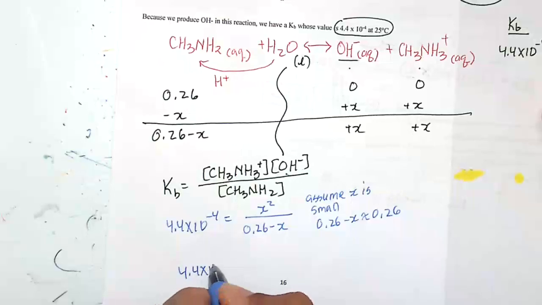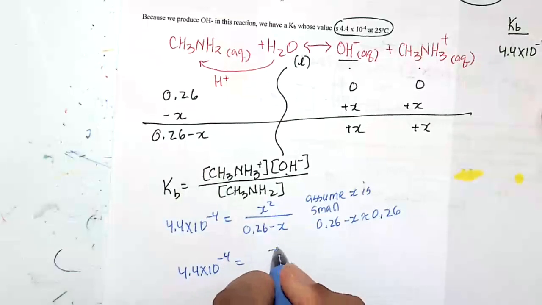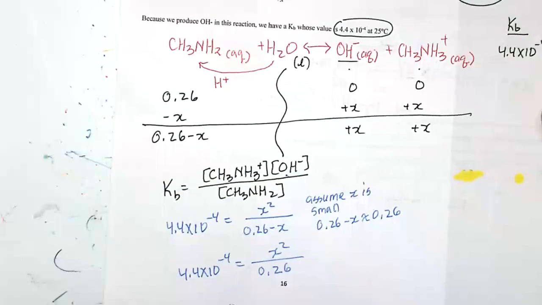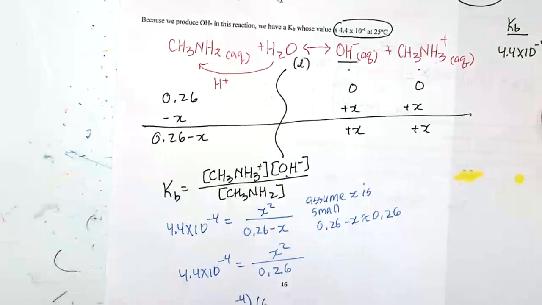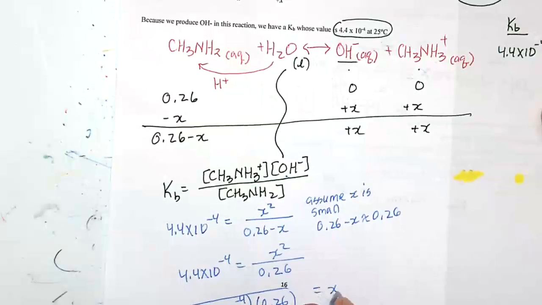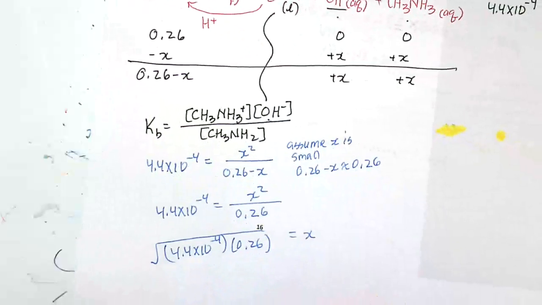So 4.4 times 10 to the minus 4 equals X squared divided by 0.26. Multiply 4.4 times 10 to the minus 4 times 0.26, and the square root of that is equal to X.